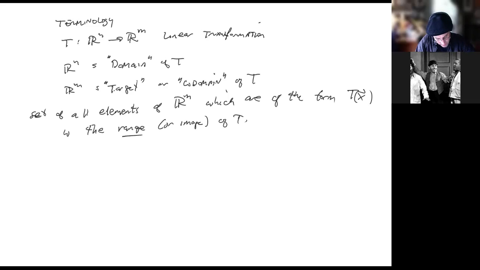So we have the domain, we have the target, and we have the range. All right. So I think we're going to just talk mostly about examples now. So here are some examples.